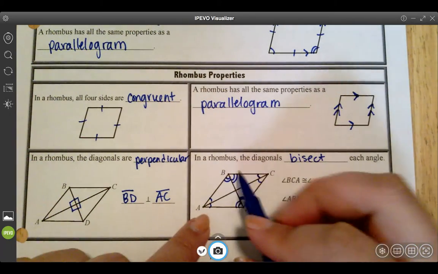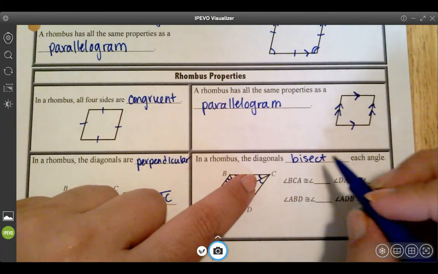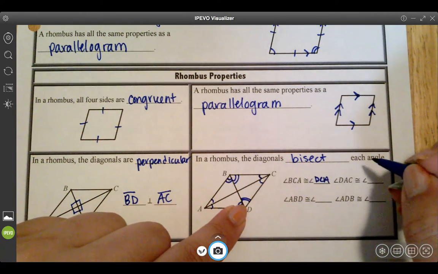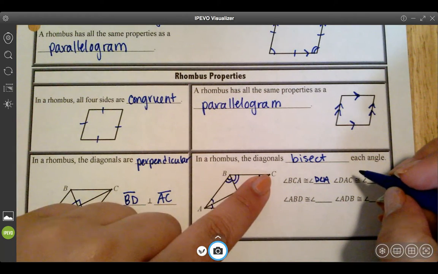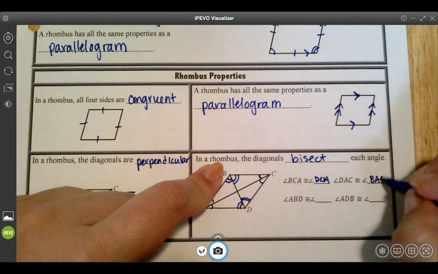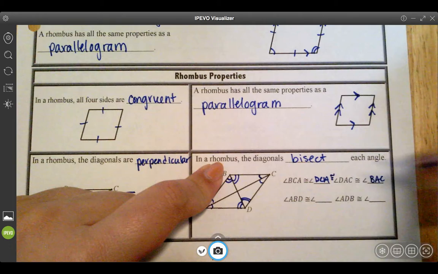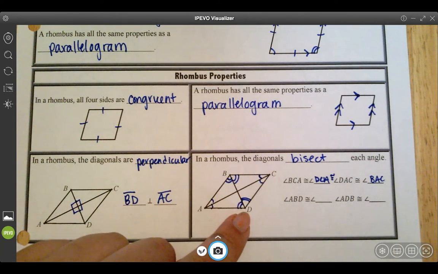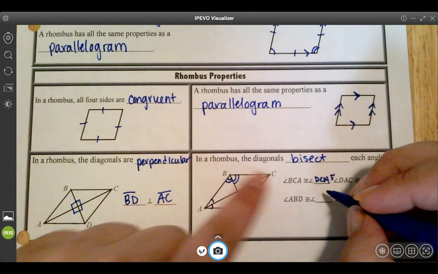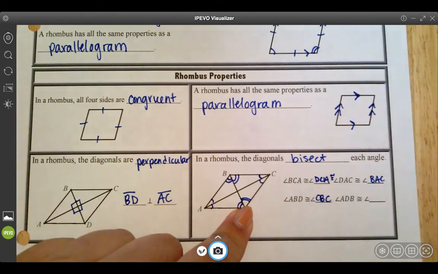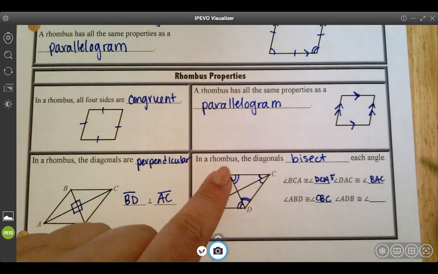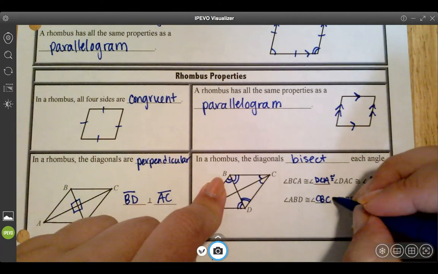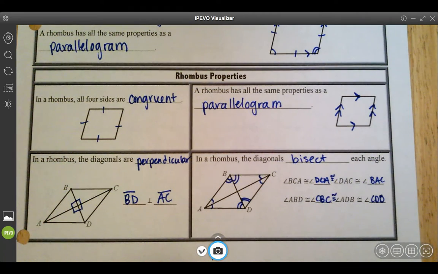So we can say that BCA is congruent to DCA, and DAC is congruent to BAC, but we can also say that those are all congruent to each other. ABD is congruent to CBD, and ADB is congruent to CDB, but we can also say that those are all congruent to each other.